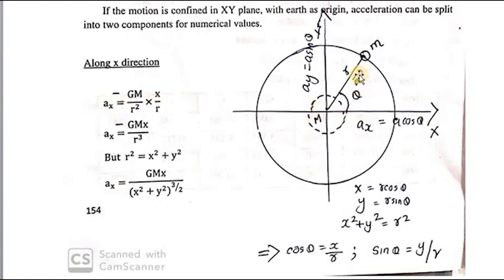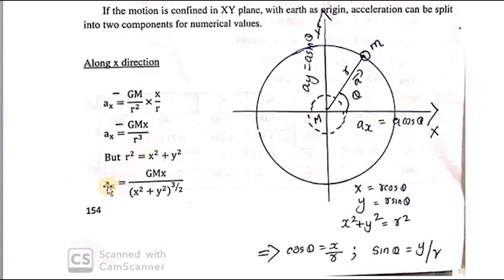The acceleration has components along the x direction and y direction. I can resolve the acceleration along x to be a cos theta, where a is minus GM by r squared, and cos theta is x by r. So I will get ax equal to minus GMx by r cubed, and you know r squared is x squared plus y squared, so r cubed is x squared plus y squared all raised to 3 by 2.